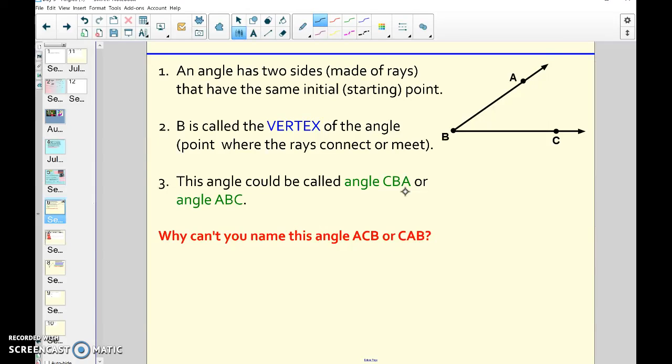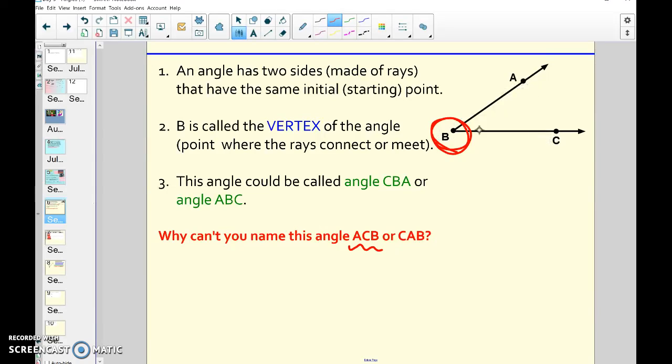I did want to talk about, before we go on to the next section, that it's CBA because we follow the order. So CBA and ABC. Notice that both times the vertex, the B, is in the middle. So I can't say ACB, like this one has down here, because it's got to follow the order of the picture.